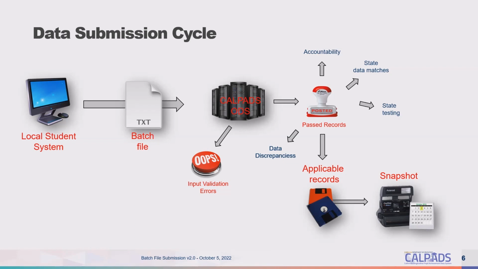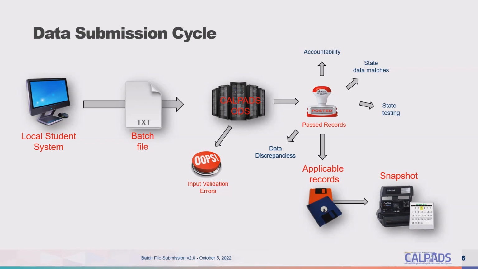Posted data in the CALPADS ODS is used for accountability, state data matches, state testing, and they also generate data discrepancies. So while your file may pass all input validation errors and records will be posted to CALPADS, there's still a second set of validations, which we call data discrepancies, which checks your data for completeness and accuracy.